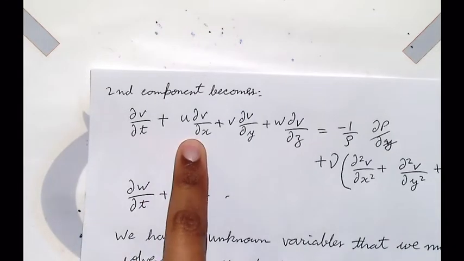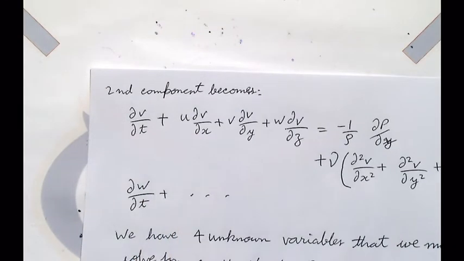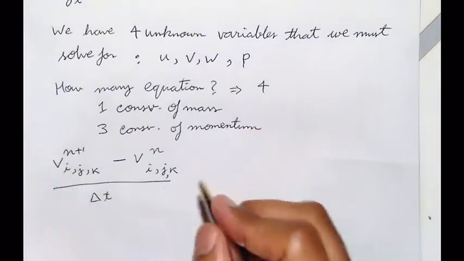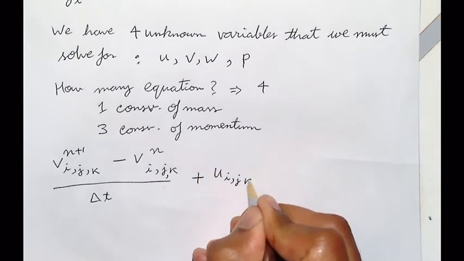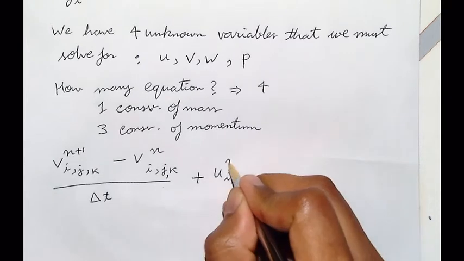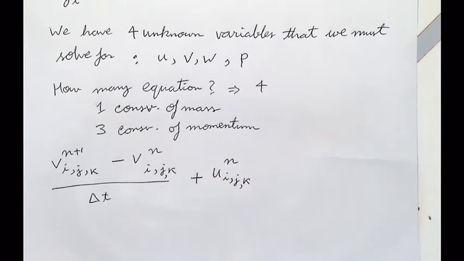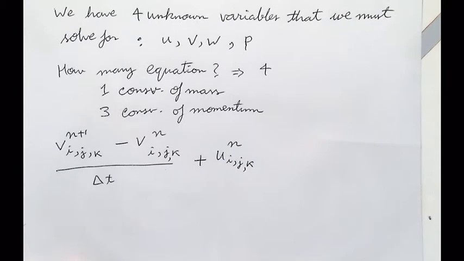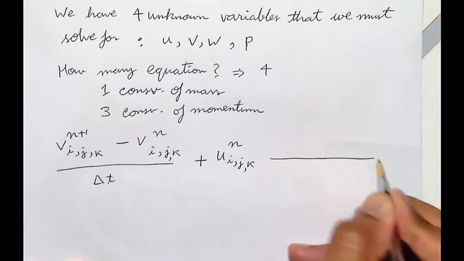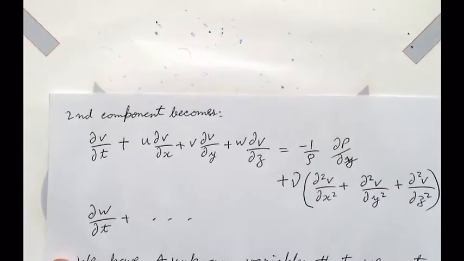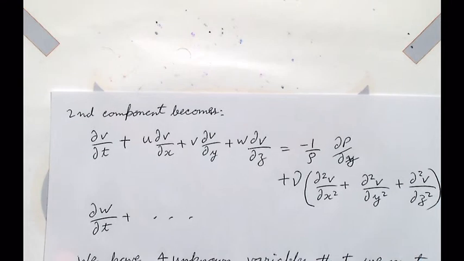Okay, next is u dv dx. You were saying I should write u at ijk at time n times partial. So I can write forward. Should I use center difference?